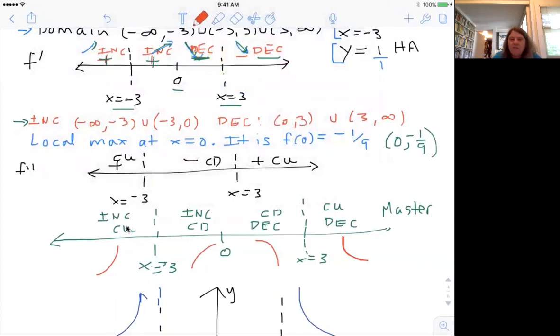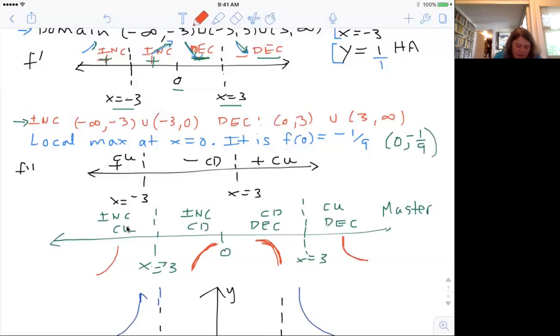Concave down, decreasing means my pen goes down, but it dumps water, so it's bowed downward. Increasing means my pen comes up. Concave down means bowed downward, so I get something like that.